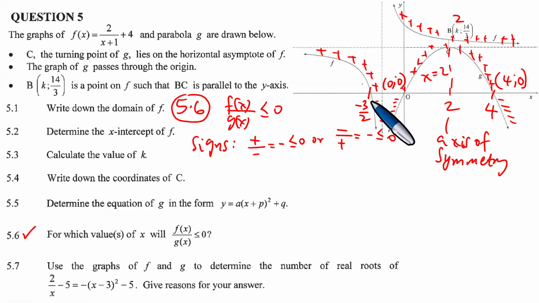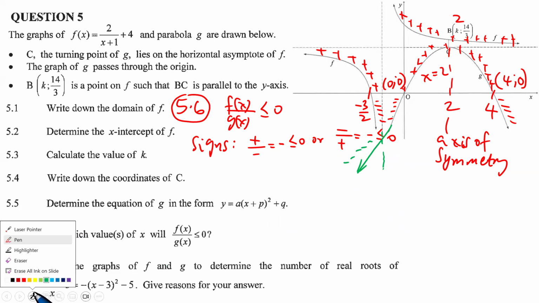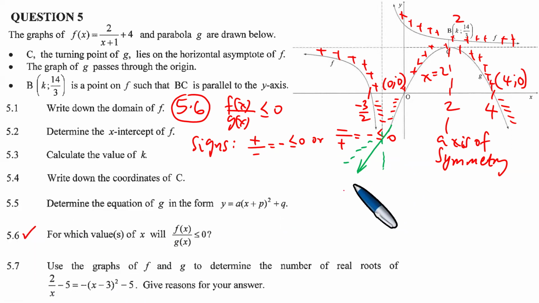We need to know that the hyperbola is restricted by the asymptote, but the parabola continues, and if it continues, this parabola is negative all the way. As a consequence, we're able to read off the solutions, in other words, the answer to 5.6, as follows.